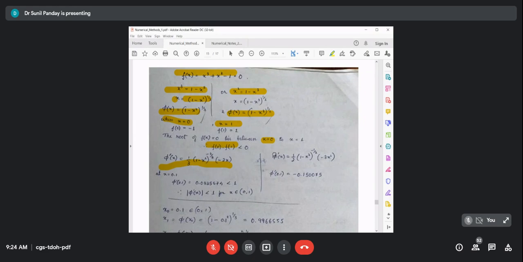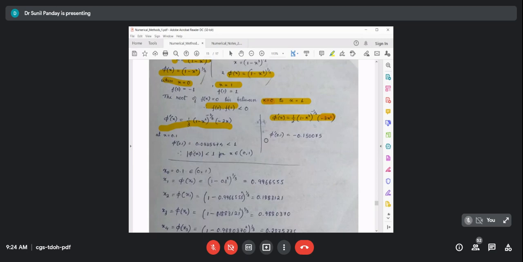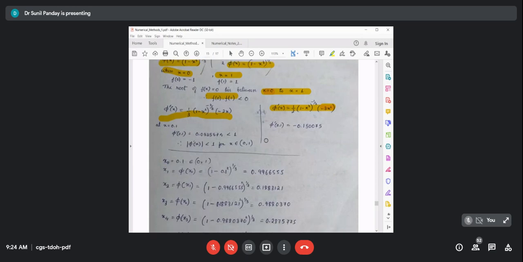For this case, actually, we are getting 3 by 2 in the numerator itself. So in this case, the absolute value of phi dash of x may be more than 1 when x lies between 0 and 1. So we solve this.